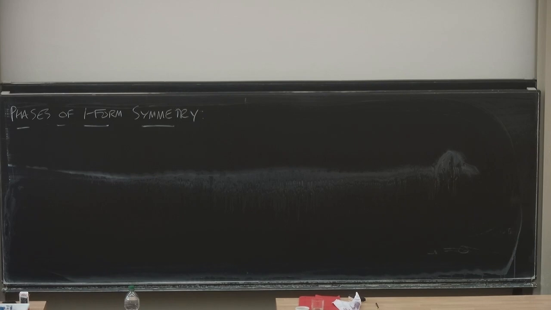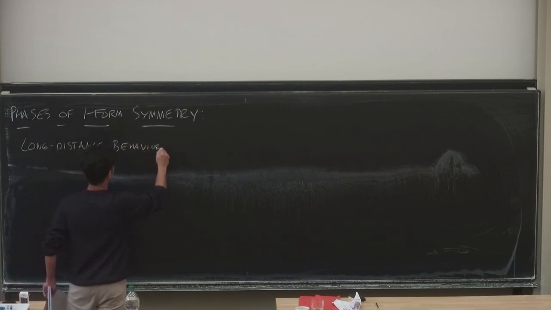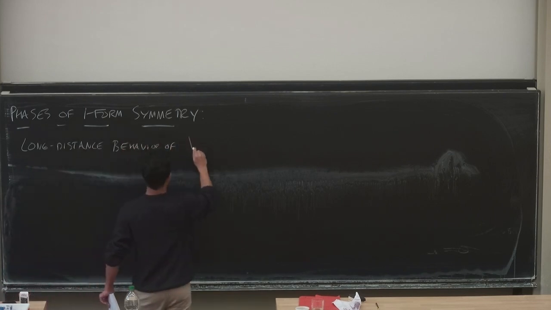I had my local operator O which was charged, and I looked at how its two-point function behaved, and that was very different in two different phases. I now want to do the same for one-form symmetry. So I should look at the long-distance behavior of the charged operator, which is W of C.